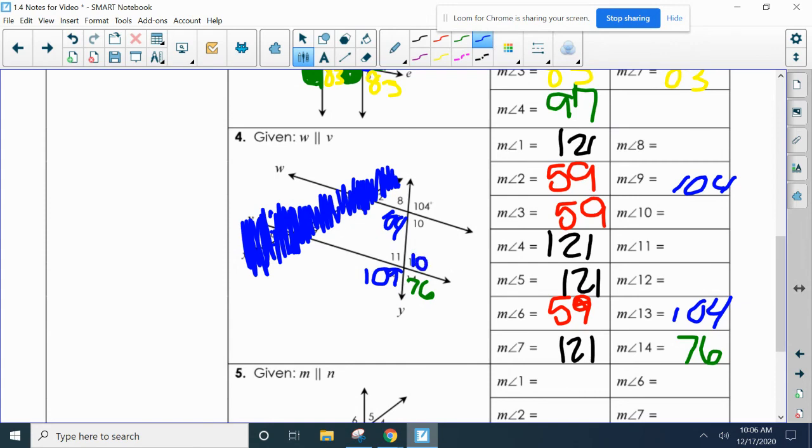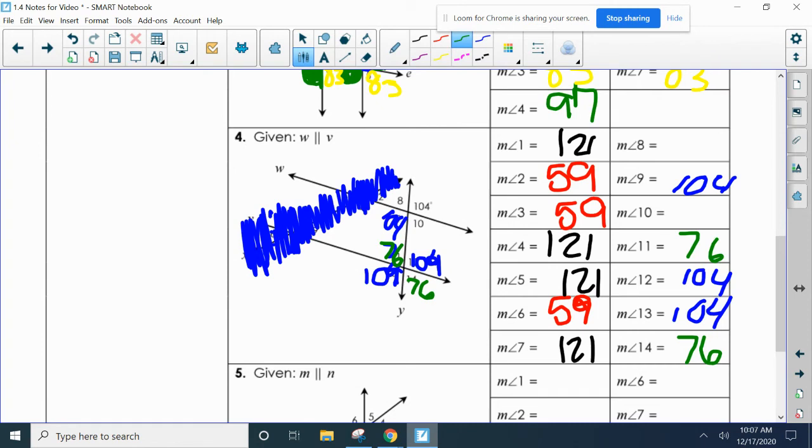So this is 104. It looks like a 9. 104. I know that 14 and 11 are vertical. They're across from each other. So this, in green, is 76.